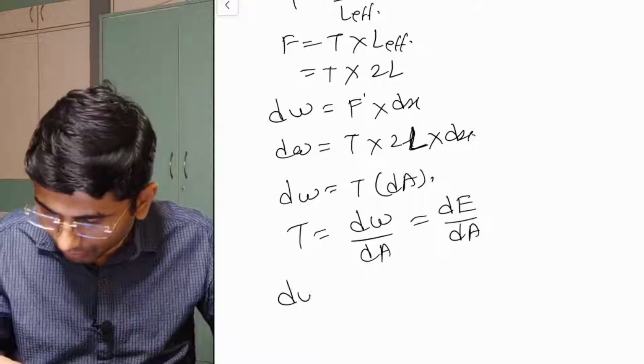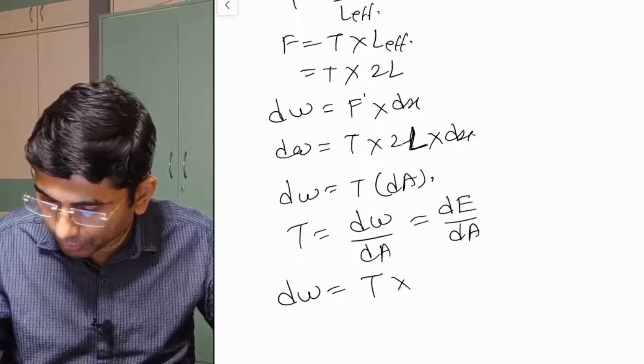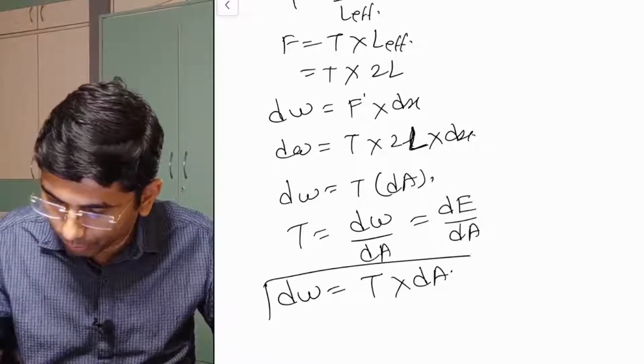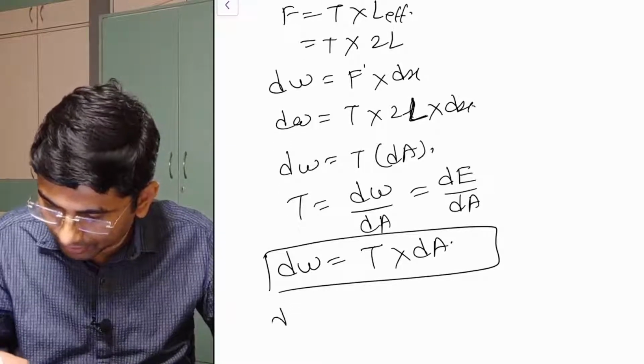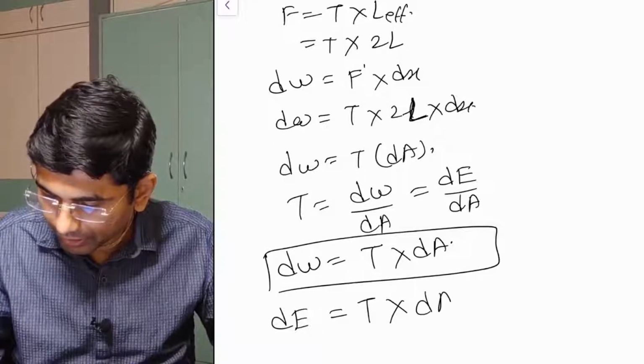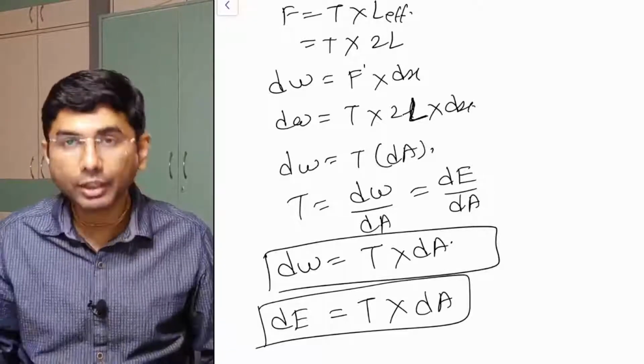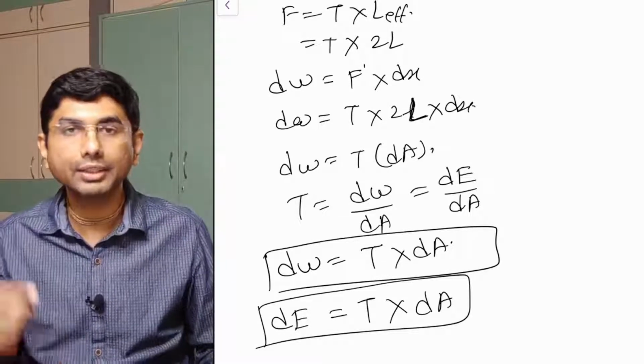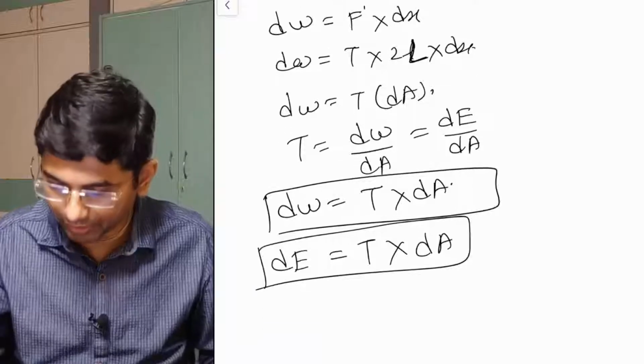Mostly we are asked about work done, which is tension into change in area. This is one formula we need to remember. The second is that change in energy is equal to tension into change in area. Again, the area we are taking here is an effective area, which we need to understand.